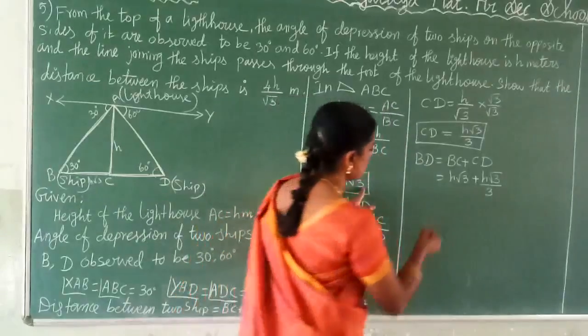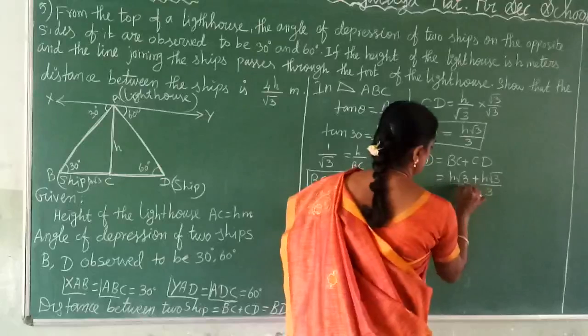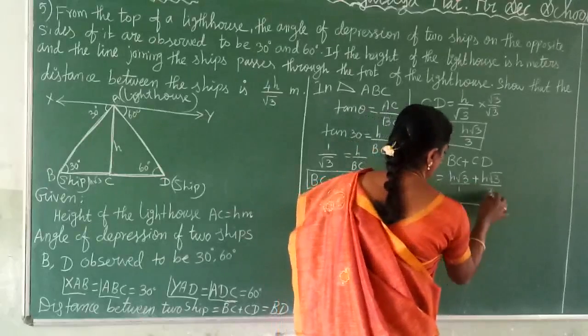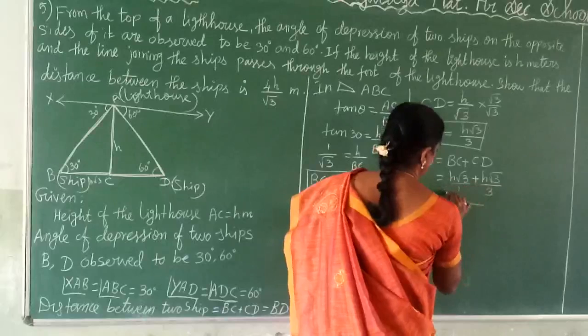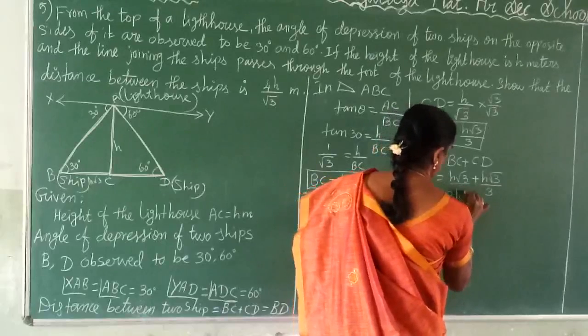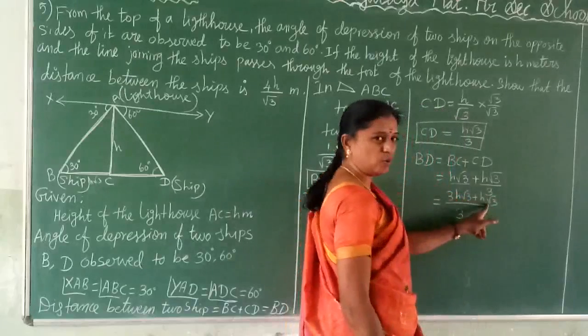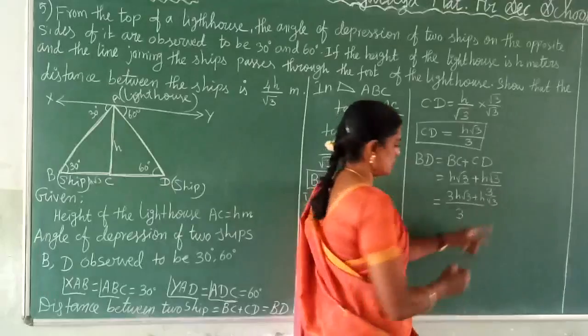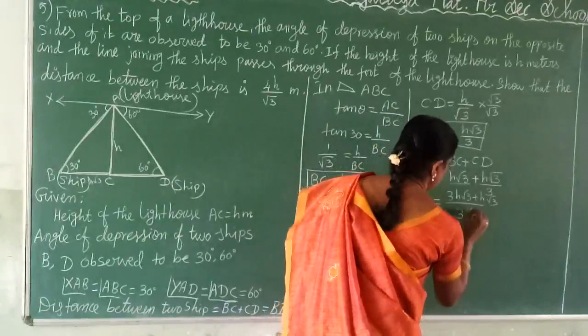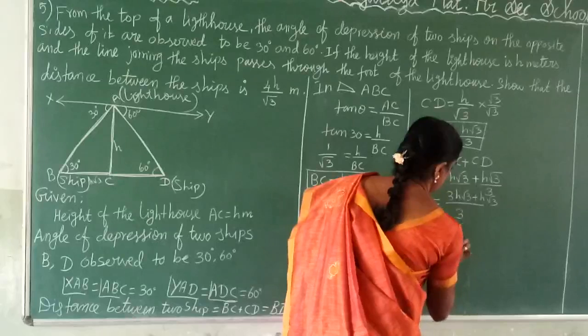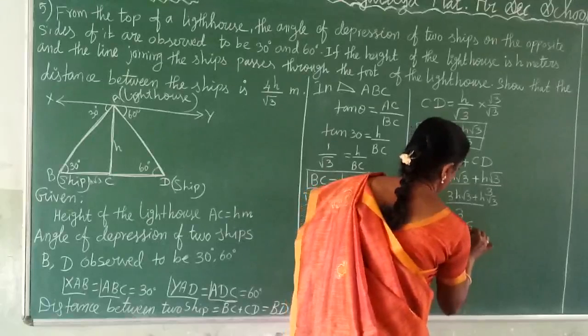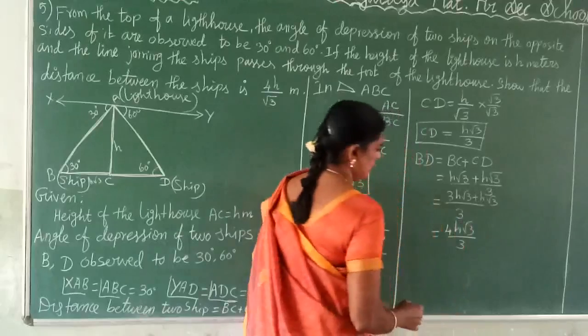Clear? Take the LCM so the denominator is only one, like that. 3 into 1, take LCM 3. Here multiply: 3h root 3 plus h root 3. Here 3h root 3, here 1h root 3. 3h plus 1h is 4h. So 4h root 3 by 3. Clear?